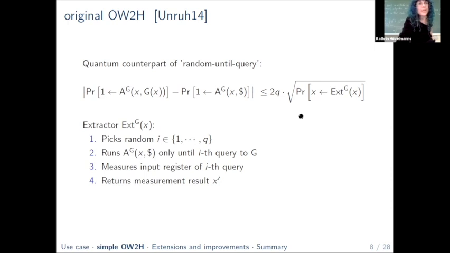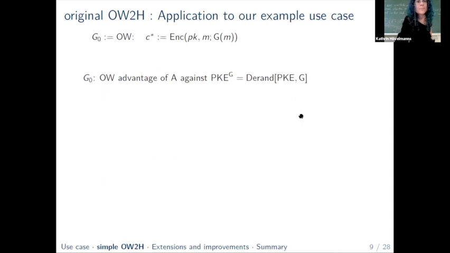Now I will show you how we can apply this to the use case we have just seen. So here we consider one game I call G0, which is just the one-way game, where the challenge ciphertext is still a deterministic encryption of M. And the probability that A wins in game G0 is just the one-way advantage of A against the de-randomized scheme.